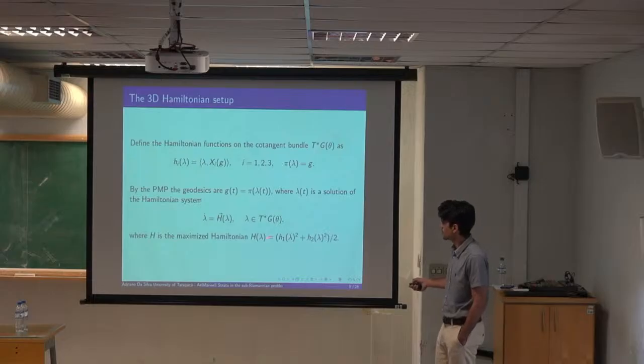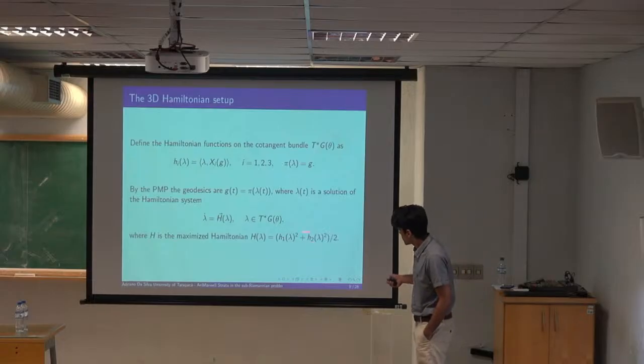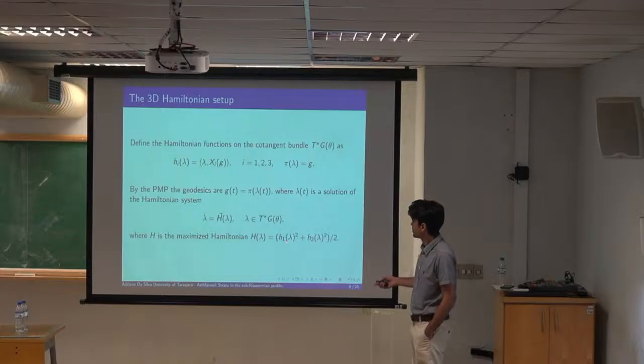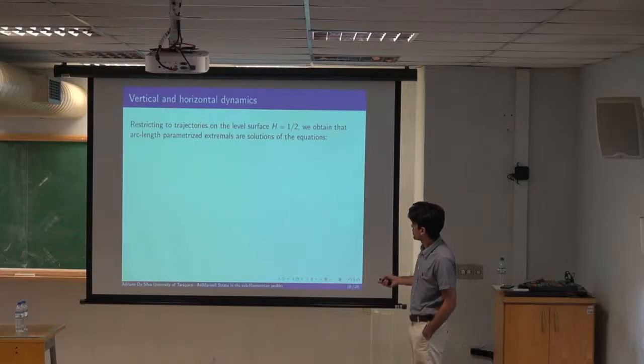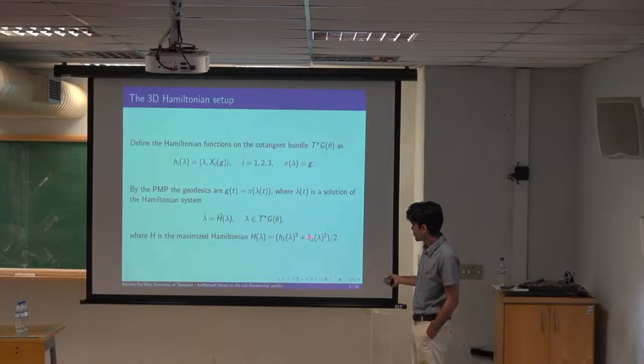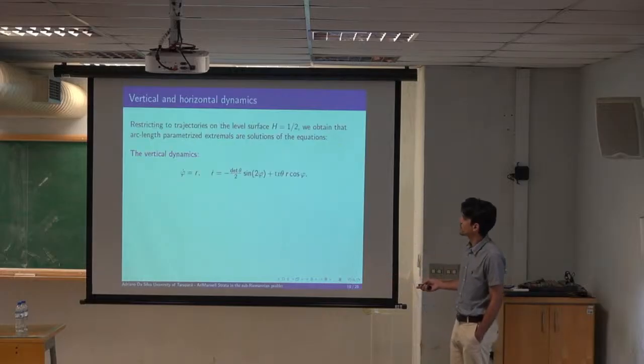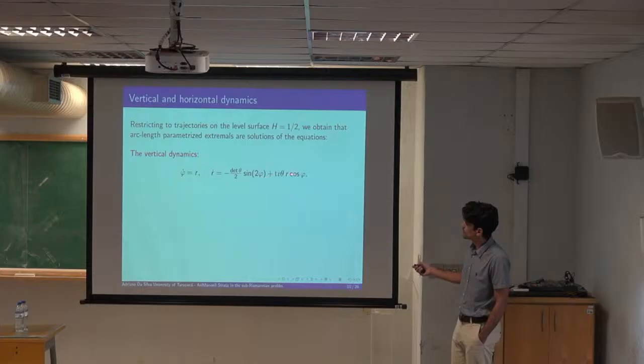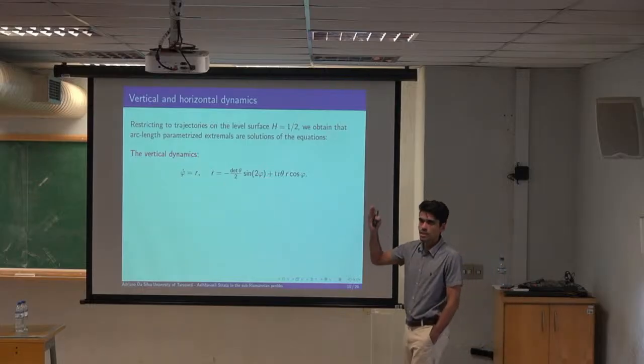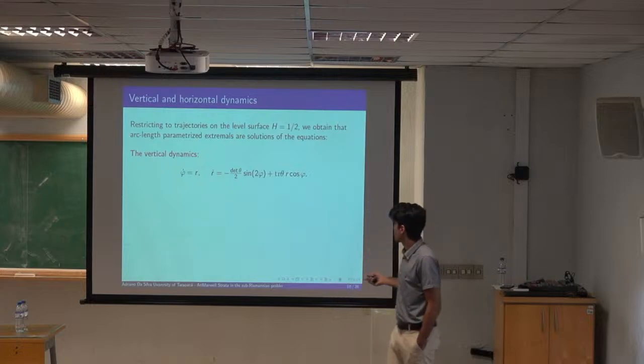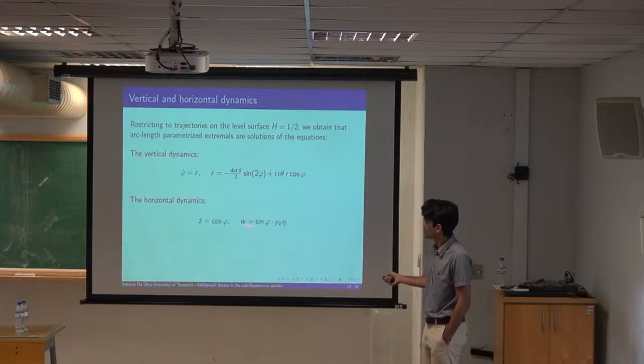The Hamiltonian depends on the functions A1 and A2. By some quite simple calculations, we can obtain what happens in the vertical part, meaning the fiber in your cotangent bundle, and the horizontal part.